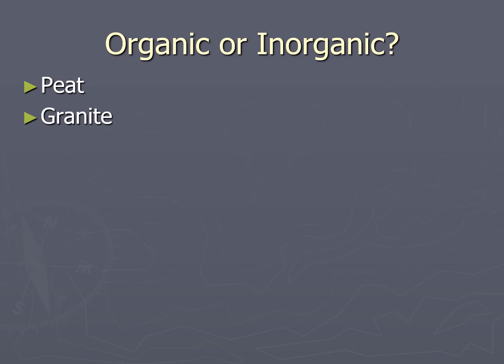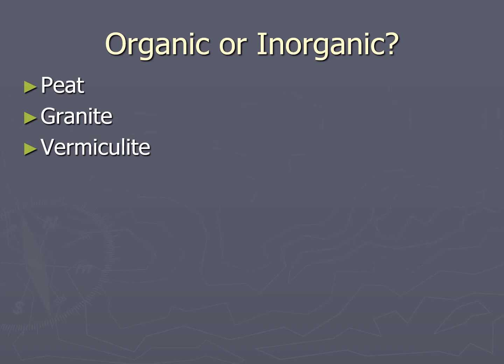Granite. Well, granite is a rock, and rocks are inorganic. Vermiculite. Vermiculite is a component that we see in many different types of growing media. Vermiculite is actually a mica-like mineral that's mined and then heated up in a furnace to a very high temperature.